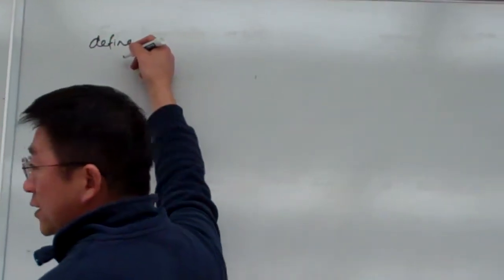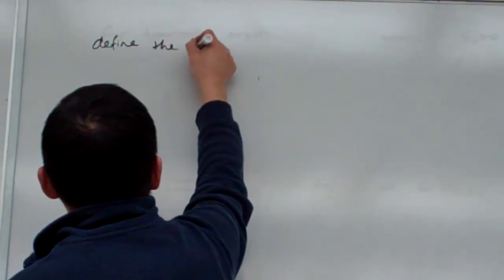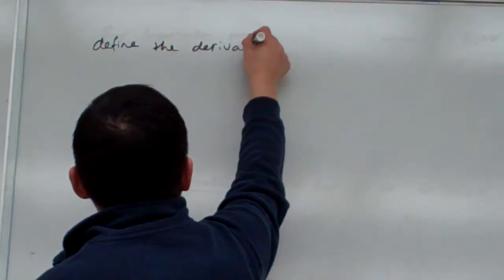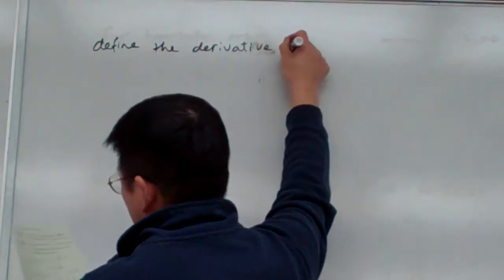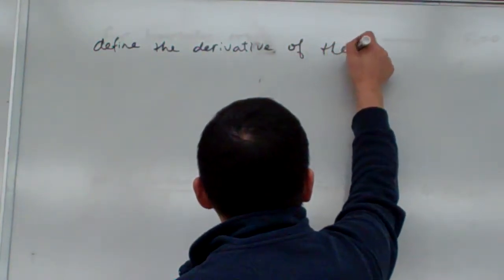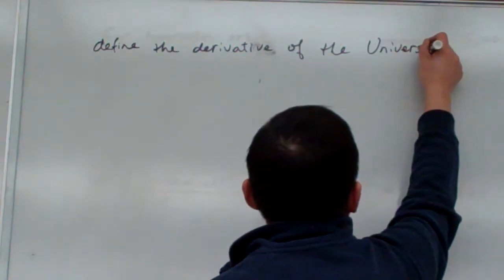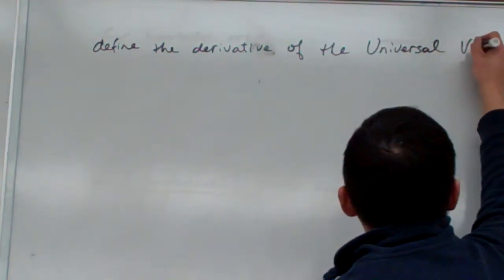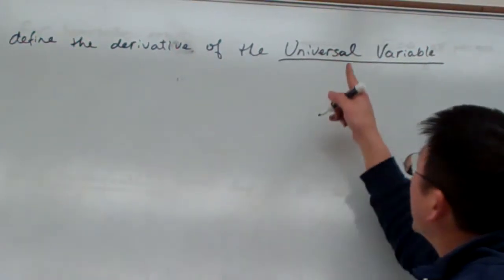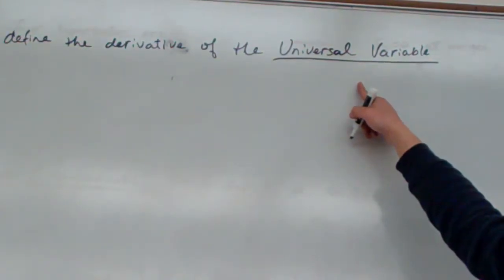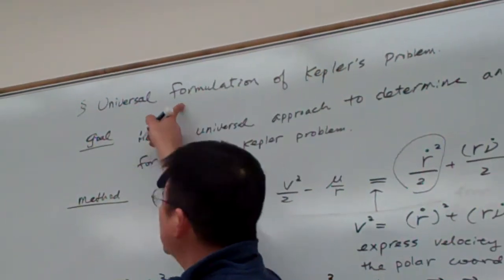That comes to the most weird part. Define the derivative of the universal variable. Okay, and this is the first time the universal variable shows up, which plays a central role in these formulations.